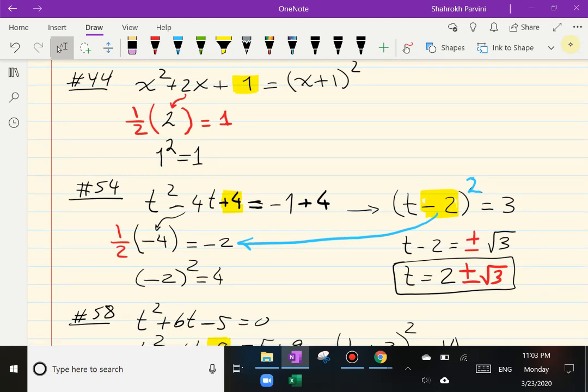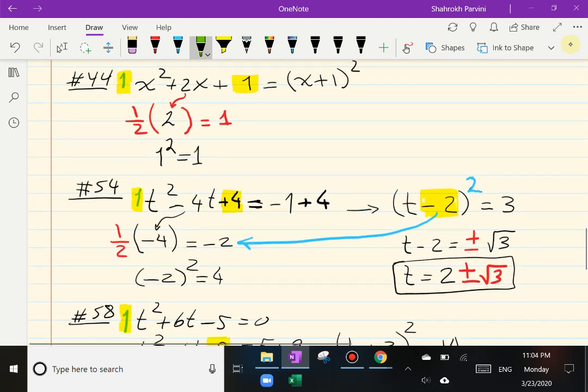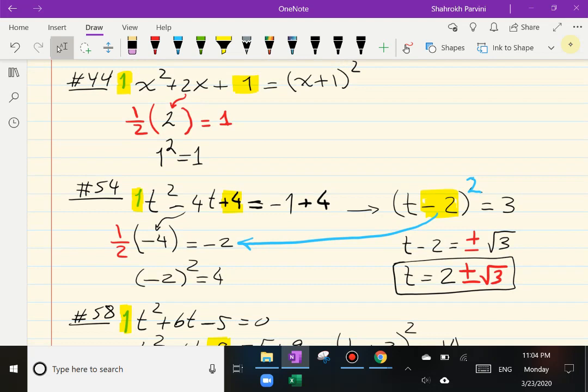Now, if you look at the coefficient on the squared term up here, number 44, and then in number 54, and in number 58, every one of these coefficients is 1 because it's not written. So here's a 1, there's a 1, and here's a 1. Now, it's imperative that the coefficient on the squared term has to be a 1 when you use the completing the square method.